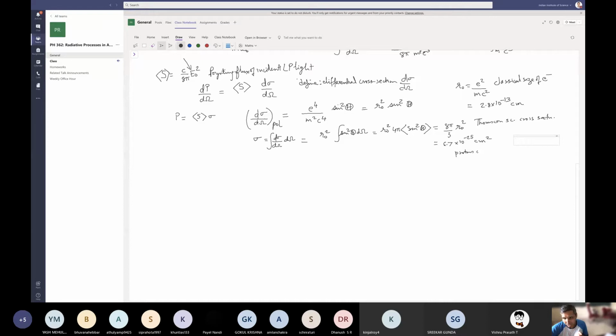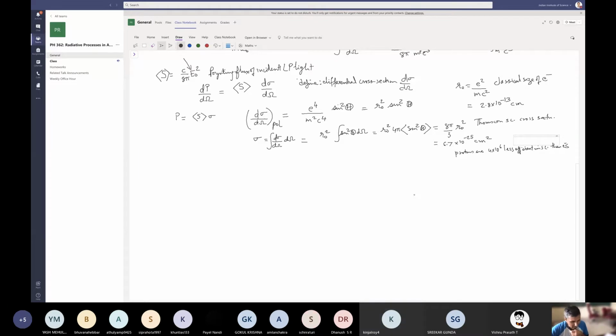Protons are about 4 times 10 to the power 6 times less effective in scattering than electrons, because electrons are light and because of that they are accelerated much more, because acceleration is E by m.